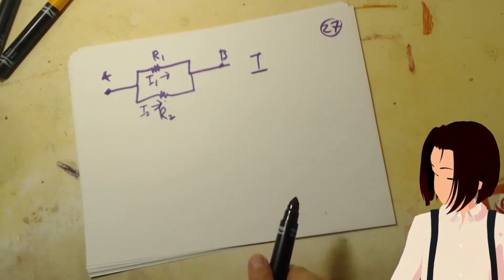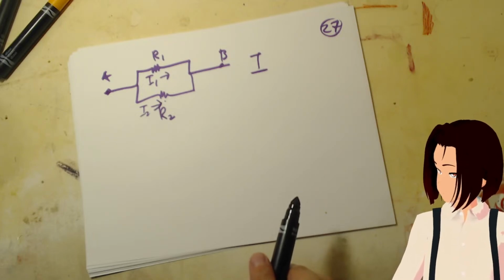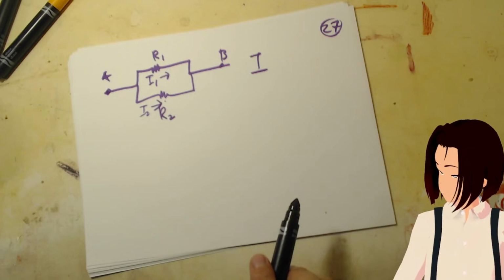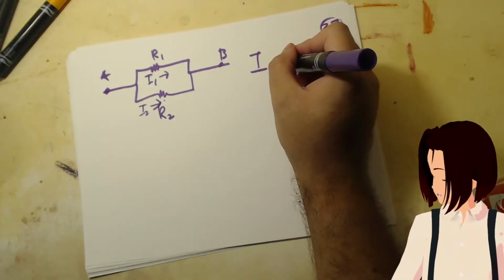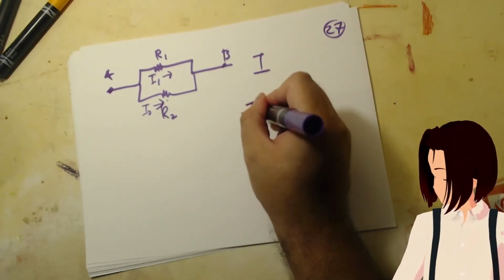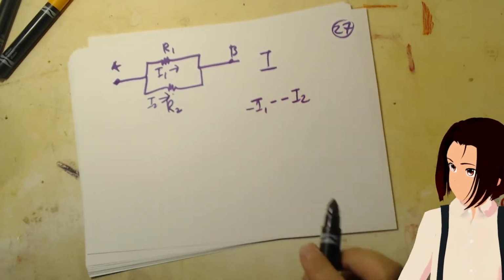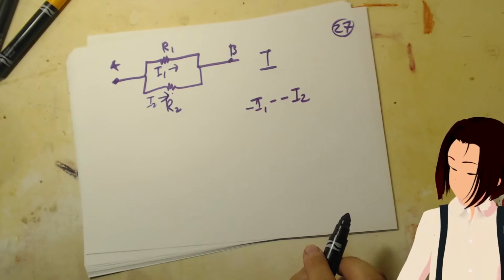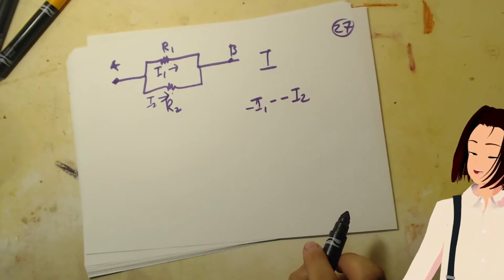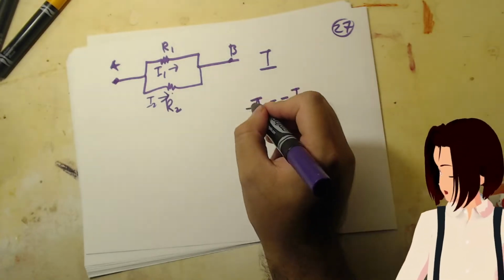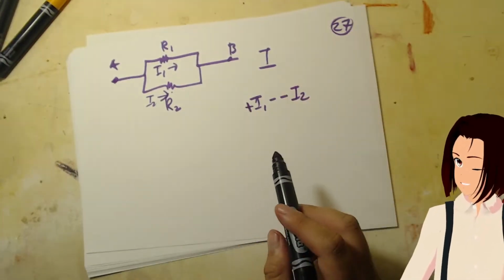It's negative I1 minus negative I2, all negative. Just the sum, dude. Just the sum. That's the sum. Okay, okay. There. So this is true.